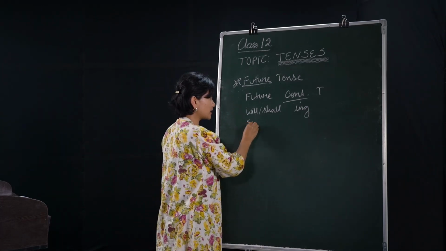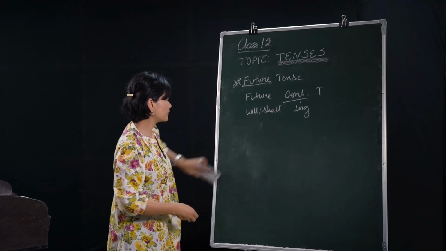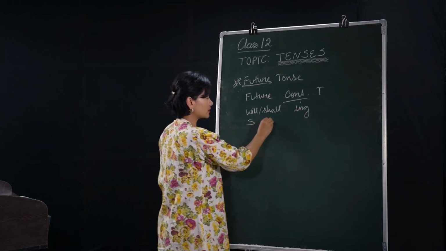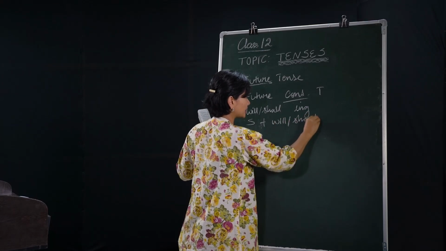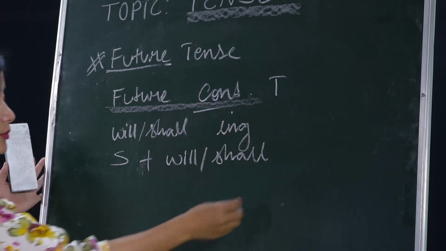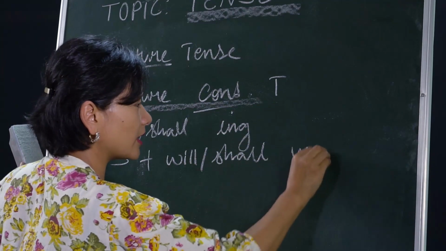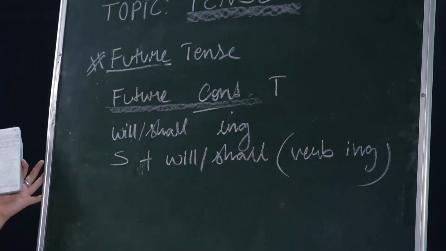It would be subject plus will or shall, and since our tense is continuous, we would also be needing a verb in the ing form. So that much we know.